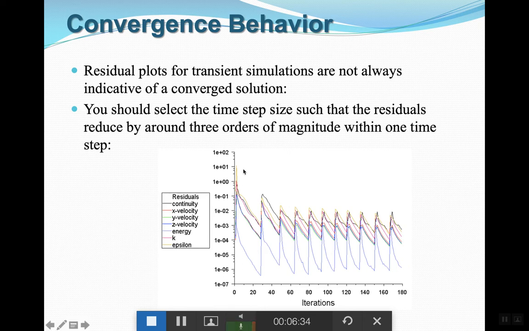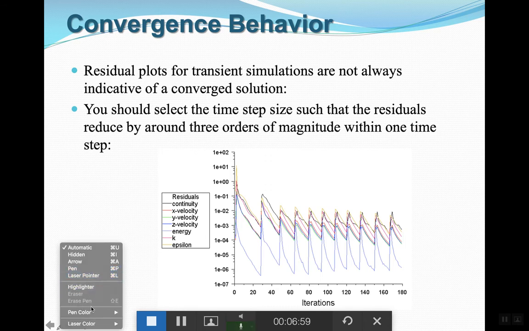In a steady state flow, as you know, the residual starts at a very big number, and with every iteration it goes down, down, and down until it satisfies all the criteria that you have for convergence, and the simulation stops.